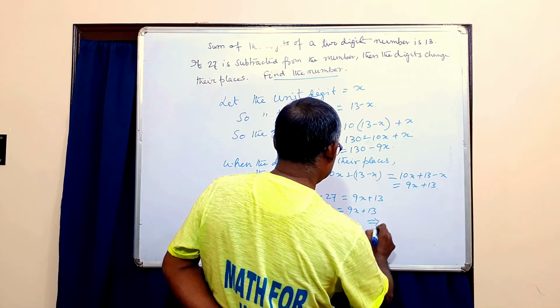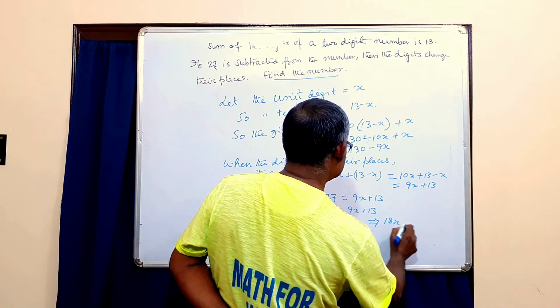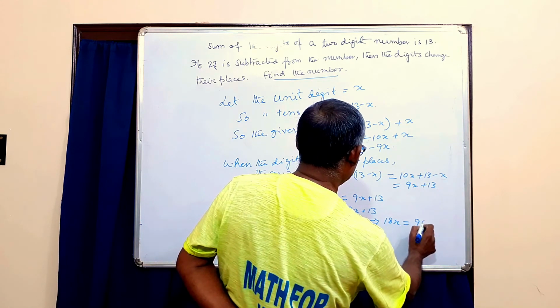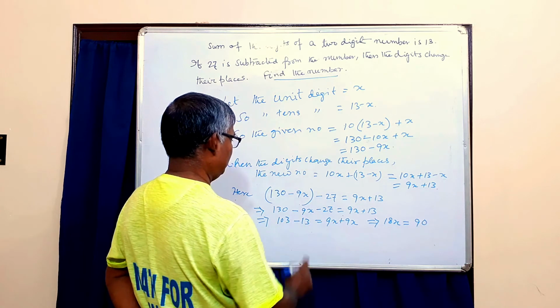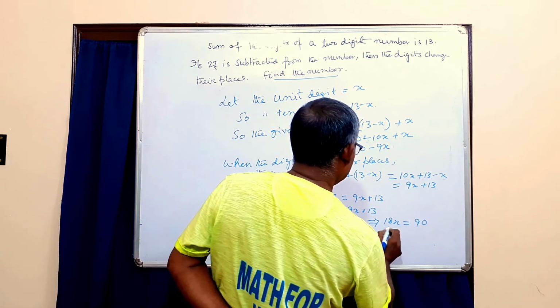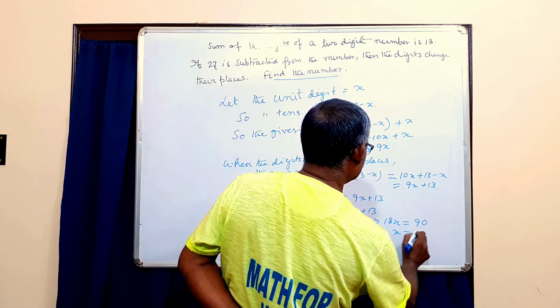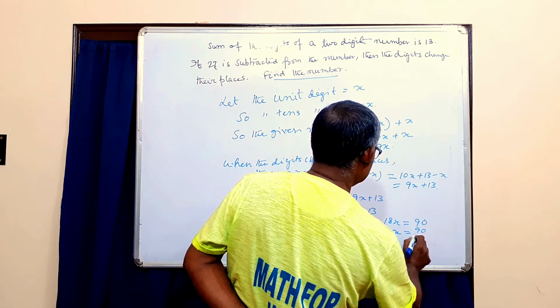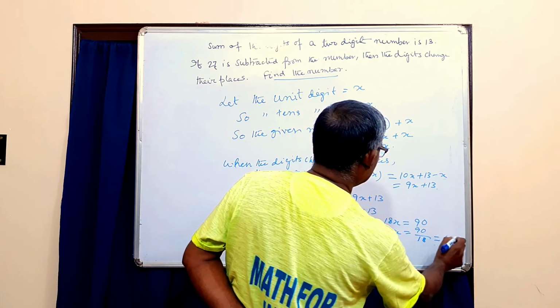So this implies that 130 minus 9x minus 27 equals 9x plus 13. This implies that 18x equals 90. Therefore, x equals 90 by 18 equals 5.